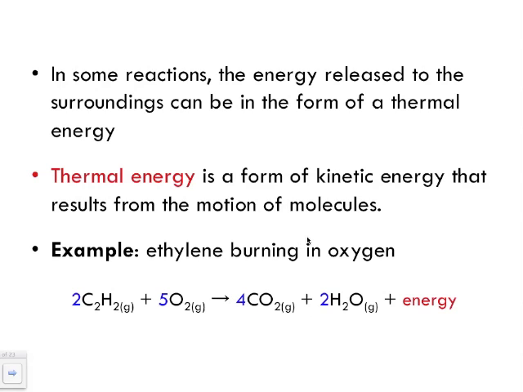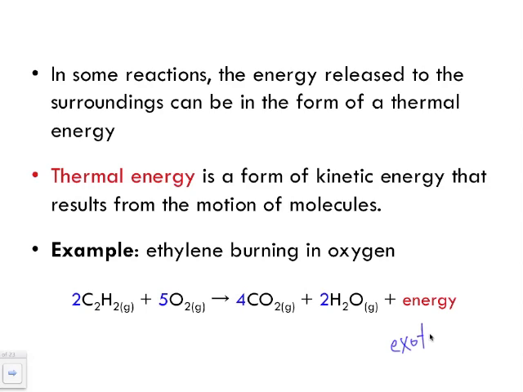So here's an example: ethylene burning in oxygen. We've got ethylene burning in the presence of oxygen, so a complete combustion reaction. And what is it forming? It's forming some kind of energy as a result. So it's releasing energy, and this is what we're going to refer to as exothermic.